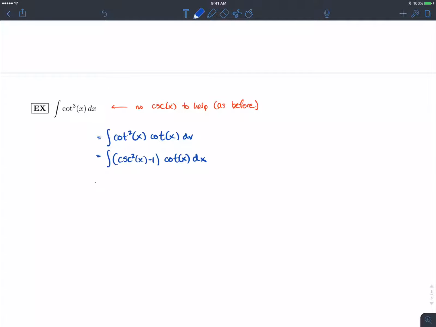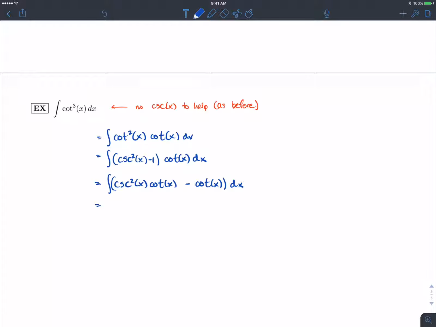Let's see if that helps. We're really just trying different things here. If we distributed that cotangent through, we would have the integral of cosecant squared x times cotangent of x minus cotangent of x, and then all of this is integrated with respect to x.